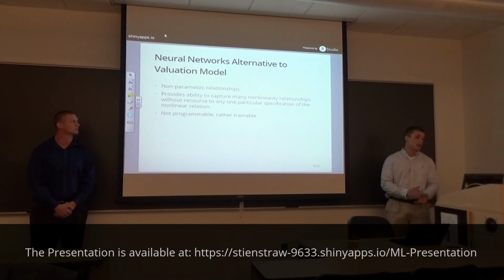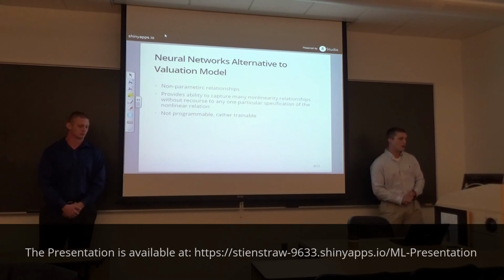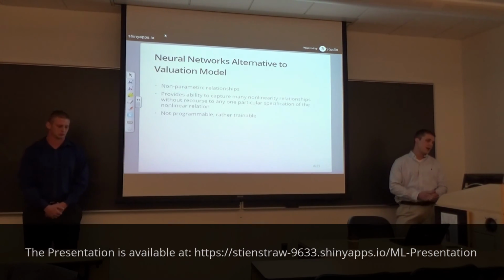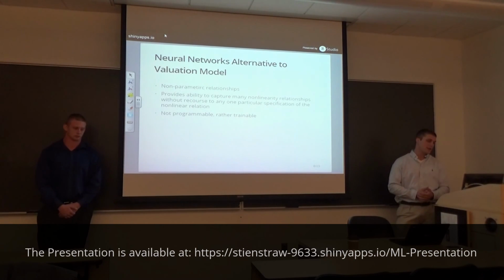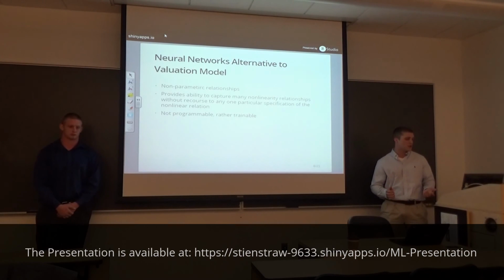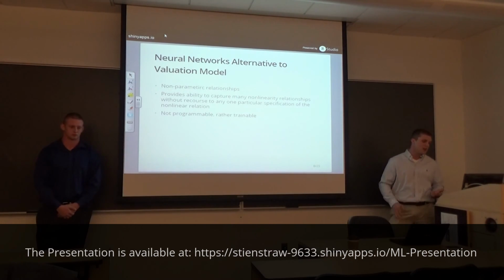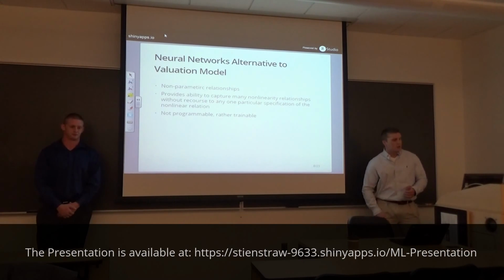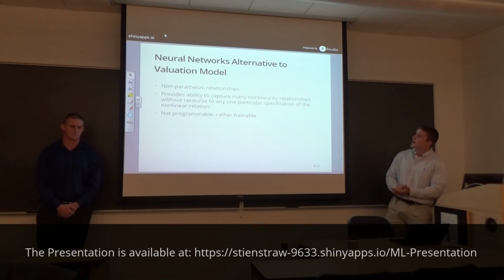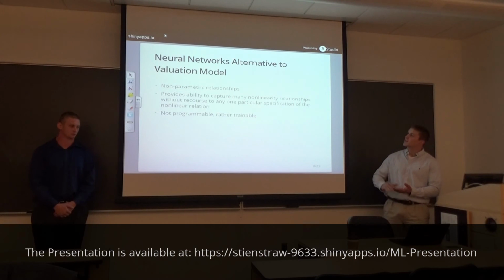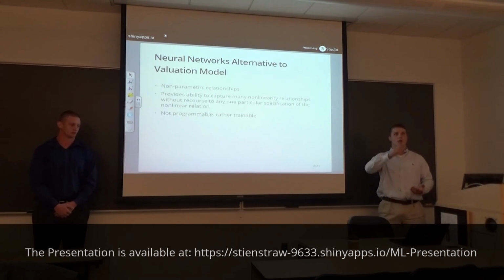Okay, getting into the alternatives to the Black-Scholes valuation model, we were taking a look at neural networks, and they provide non-parametric, or nonlinear, relationships. It provides the ability to capture many nonlinear relationships without recourse to any one specific specification of the nonlinear relation. You'll see later in an illustration graphic that we have for our model what this neural network actually entails. So for a slight visualization, you're going to have all your inputs on the left.